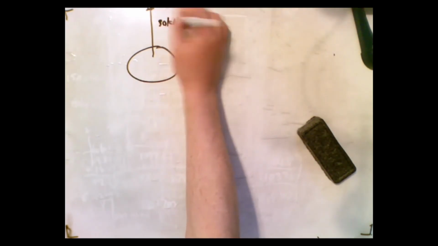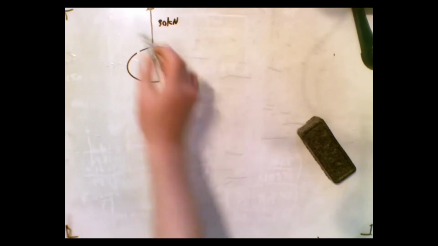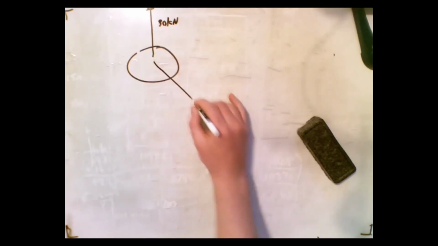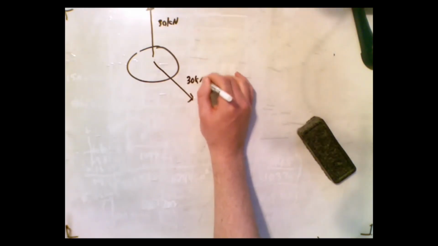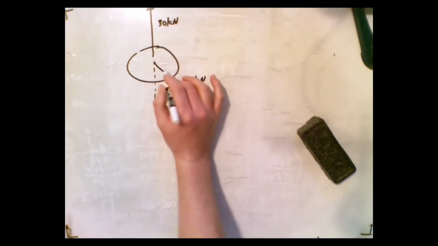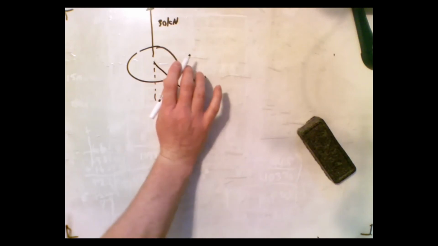So there's a plume of smoke that's going down, but that's going to cause a force upwards. So it's going to be a force upwards of 30 kilonewtons. Okay. And then there's a plume of smoke going this way, so that's going to force the rocket this way, and that is also 30 kilonewtons at an angle of 30 degrees, everything 30.